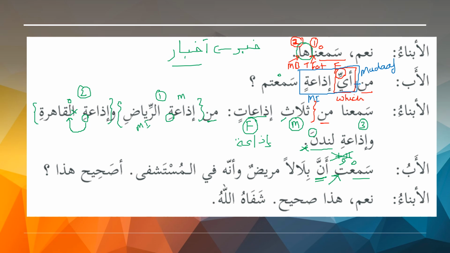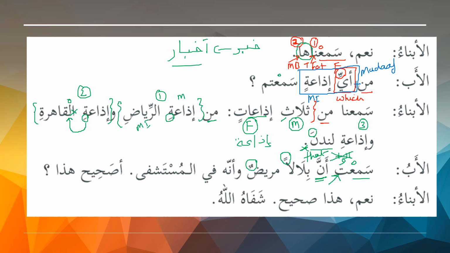He heard that, so it will be translated as that. Sami'tu anna, that Bilalan, Bilal maridun. So anna is also a tool of nasb, so that's why the name has a fathatain here, and the khabar is in marfu case.